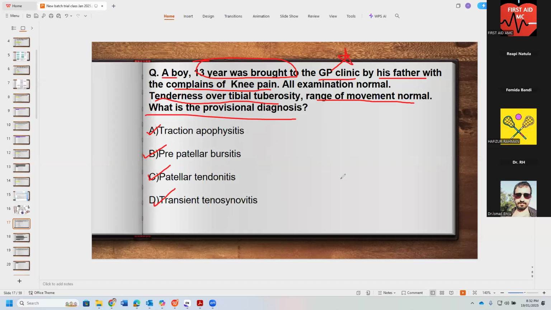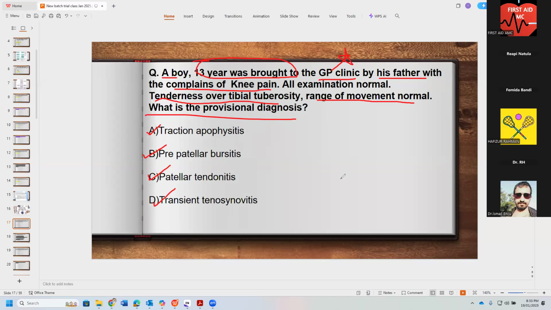Is tenderness over the tibial tuberosity present in transient tenosynovitis? Very good, Dr. Kingsley. What's the other name that we use for Osgood-Schlatter syndrome? Growing pains could be, but are less likely to cause tenderness over the tibial tuberosity.